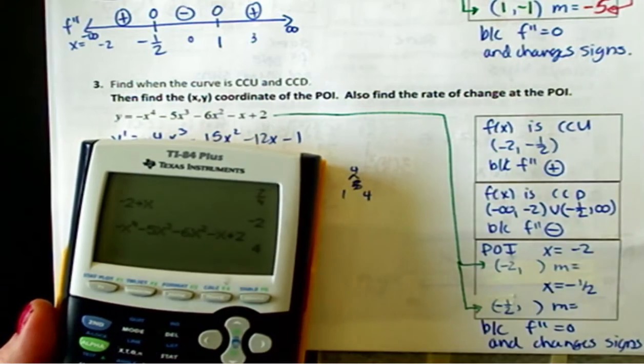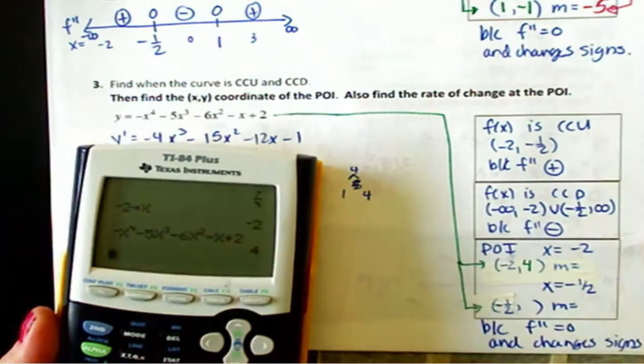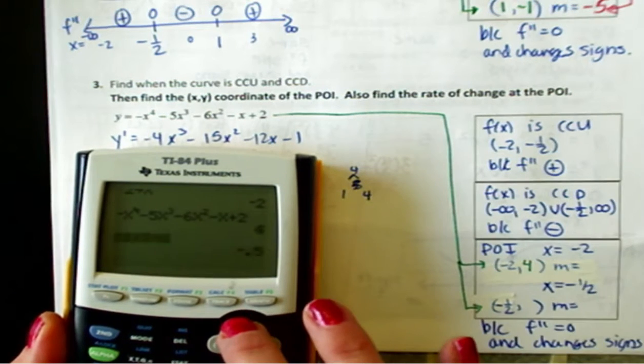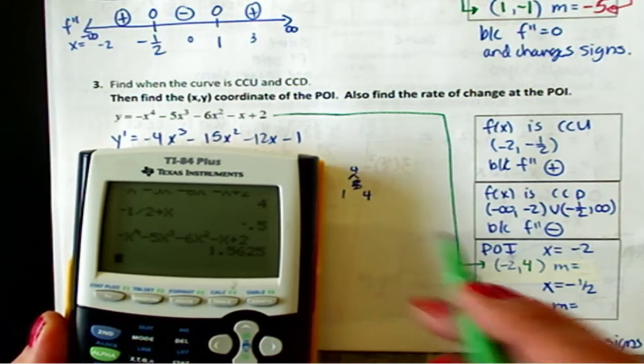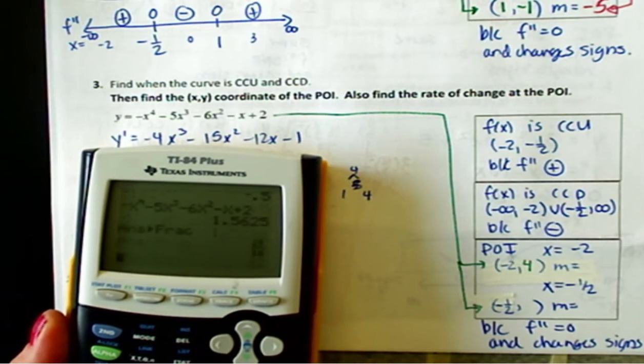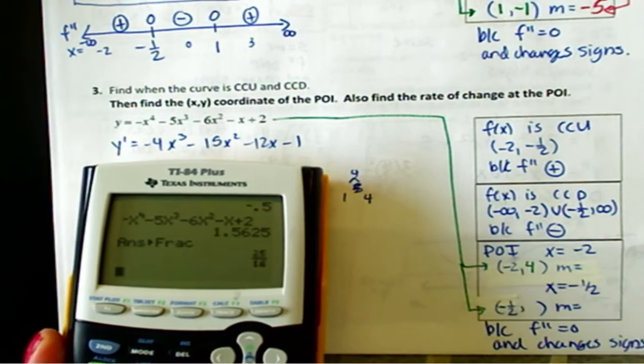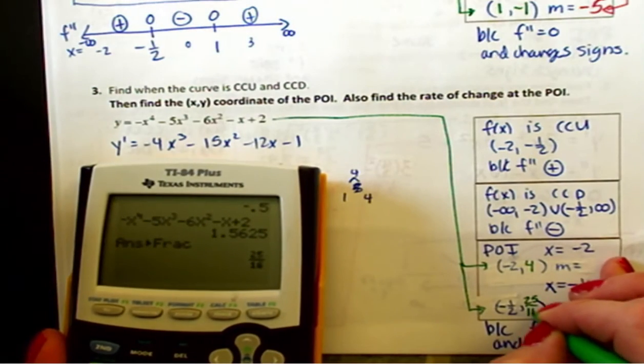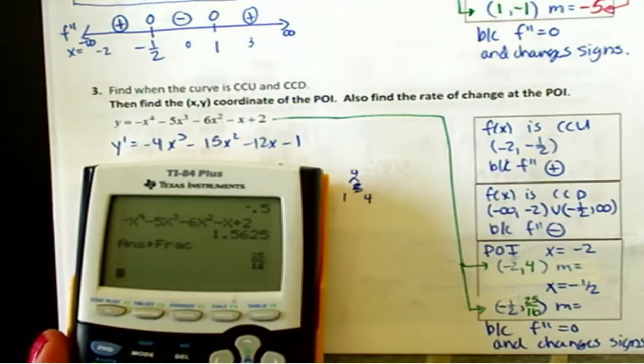Okay, so I get -2, 4. Okay, let's do the -1/2. -1/2, store for x. Highlight. Okay, math frac. Right, just test your fractions. You might end up wanting to write that instead. So I get 25/16. Okay, and then I'm going to do slopes.